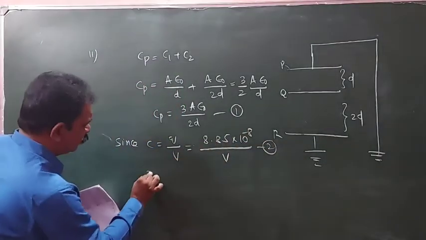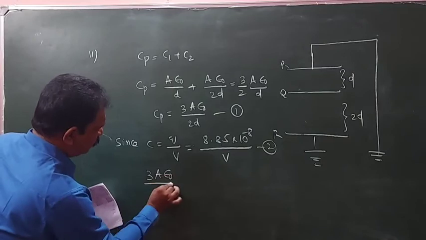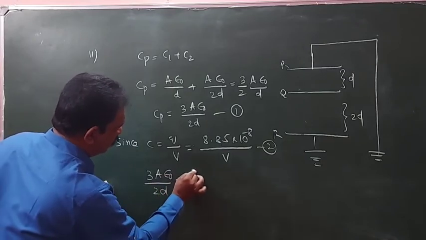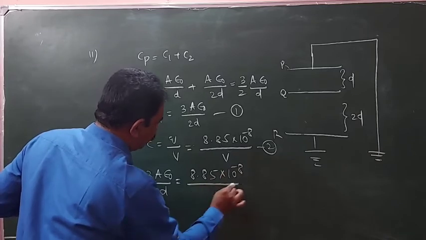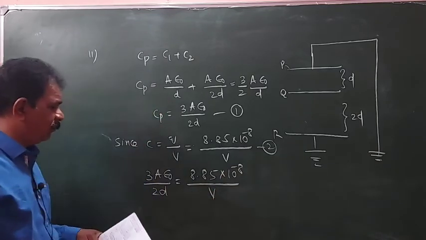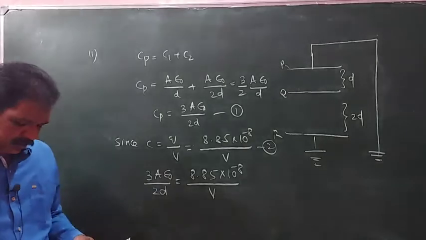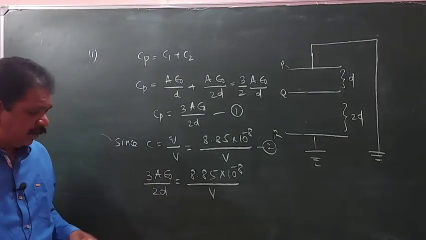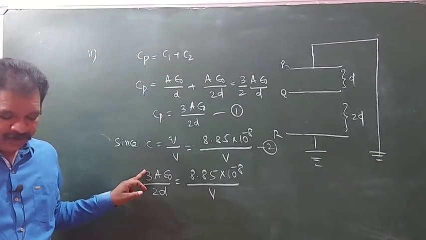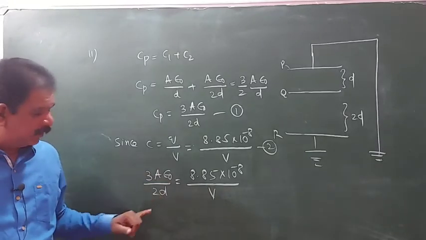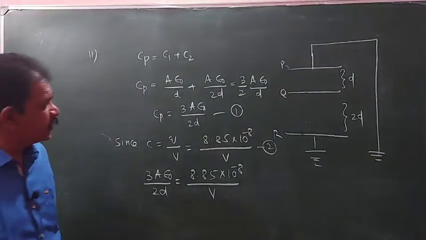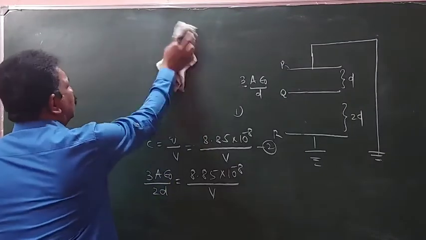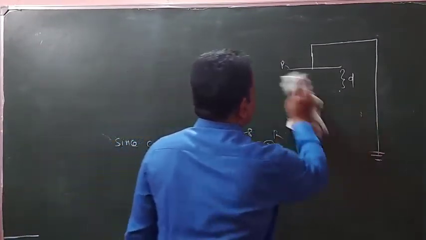Equate this to 3A epsilon naught by 2D, 8.85 into 10 power minus 8 by V. Here what to find? V value. A value given, epsilon naught is constant, D value is given. Just substitute those values, you will get the answer.